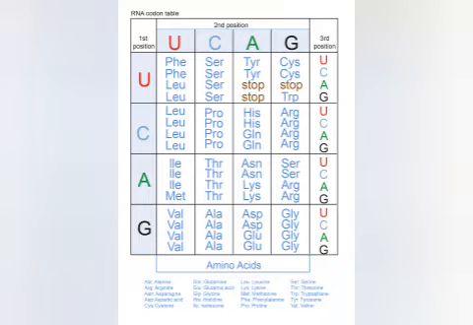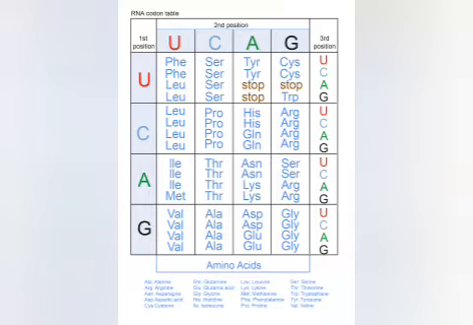Out of these, 3 are stop codons, also known as termination codons, and 1 is the initiation codon. So out of 64 genetic codes, 61 are functional and the rest 3 are termination codons.